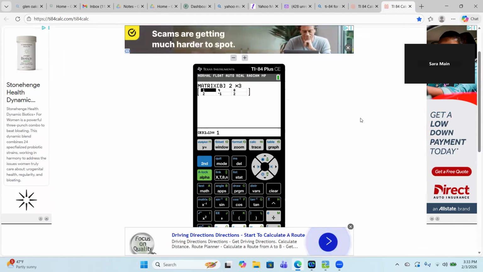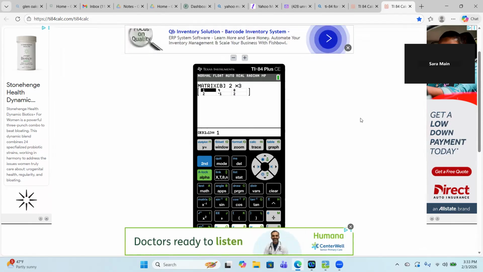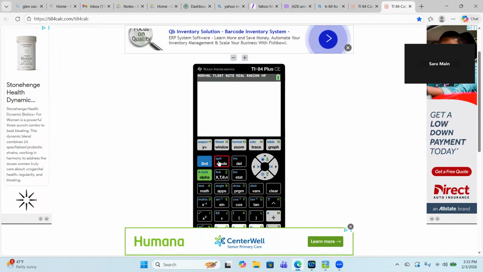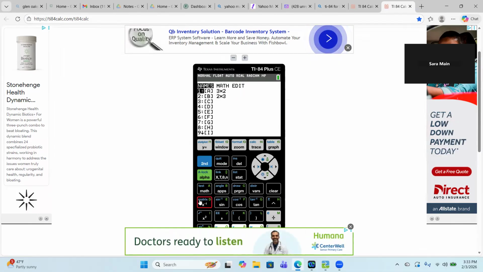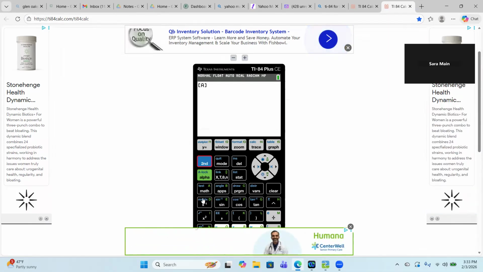Okay. So now to do A times B, we're going to quit out of here. And then you're going to say second and matrix. And in the very first menu column, you're just going to hit enter because we want to multiply A. And then you can go back and hit second and matrix. And we're going to go down and choose B. And we're going to multiply them.